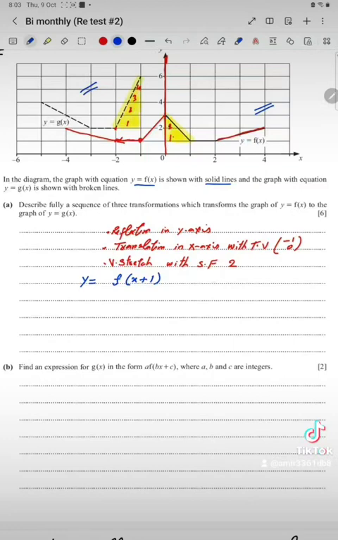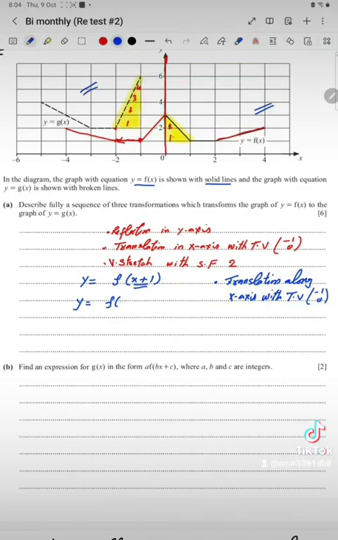So the first step, in order, is translation along the x-axis with translation vector (-1, 0). Then we can say it's a reflection, so reflection along the y-axis means you need to replace x inside the function with minus x, so f of minus x minus 1 will be here.